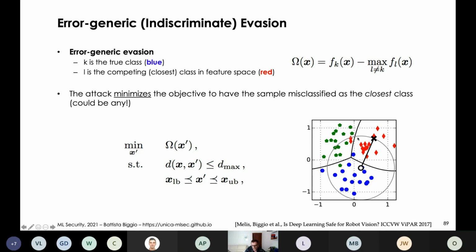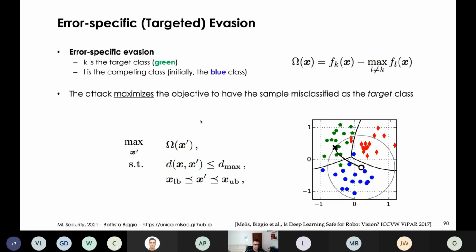The feasible space is just the volume inside of this hypersphere. Okay, so that's the basic extension to the multi-class case for the indiscriminate attack. And similarly, you can define a targeted attack instead, where what you want is to have, in this case, the blue sample misclassified as green.